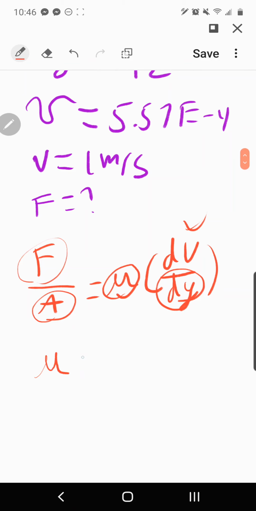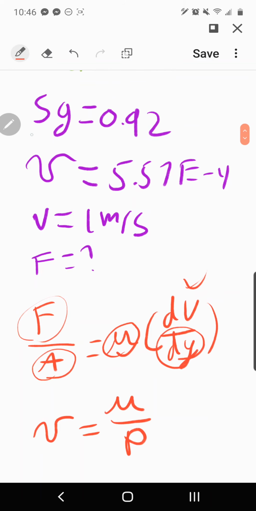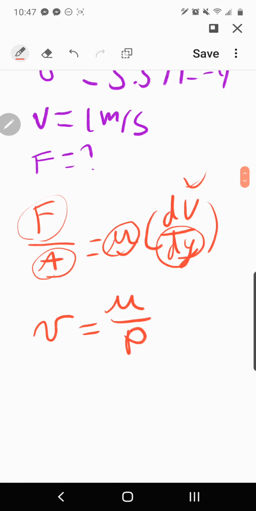So our dynamic viscosity is going to be equal to, I should write it this way first. Our kinematic viscosity is equal to the dynamic viscosity divided by the density. And we know what the density is going to be because we have our SG, which relates the density to that of water. It's 0.92 times the specific gravity of water. So we can rearrange this so that mu is equal to this.